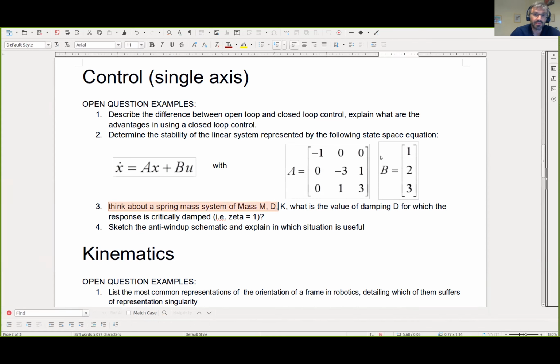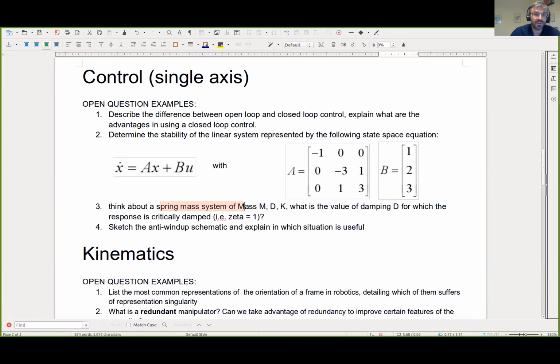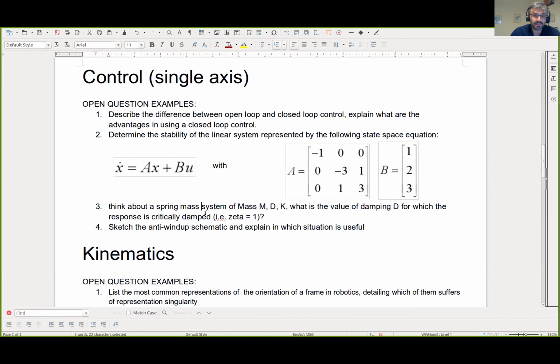Then if you think about a spring mass damper system with parameters M, D, K, what is the value of D for which the response is critically damped, so has a damping ratio of 1?